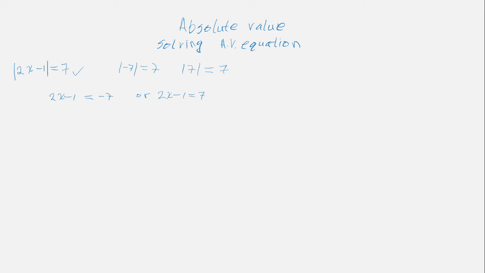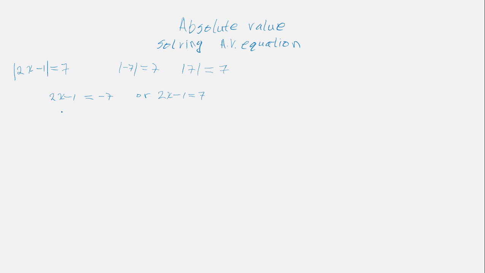As we said in an earlier video, absolute value means distance from 0, and negative 7 and 7 are both the same distance from 0. So whatever is inside the absolute value signs, we have to equal it to the negative of what's here and then to the positive of what's there.